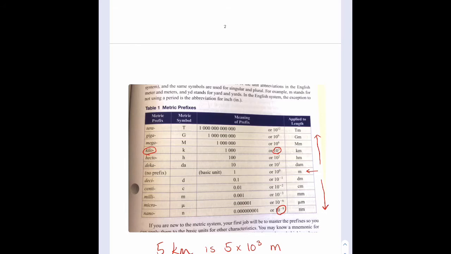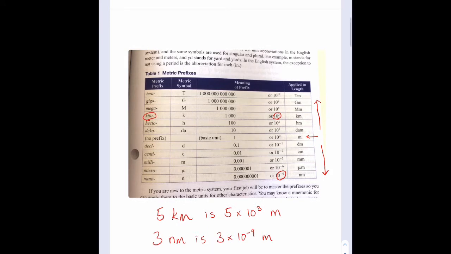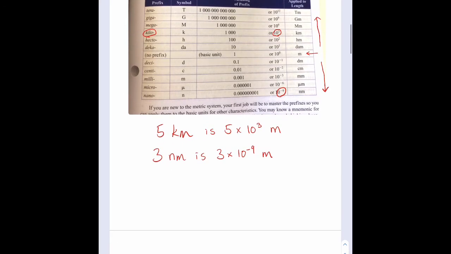So if I said that something was 3 nanometers, that's 3 times 10 to the negative 9 meters. So this gives you a link between the metric system and the scientific notation that we did in Chapter 5. I'll talk a little bit more later about converting between units, both in the metric system and just a tiny bit outside of it.